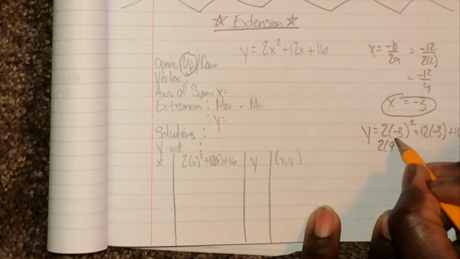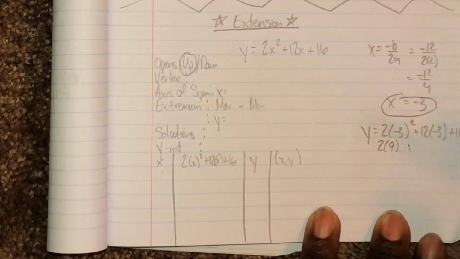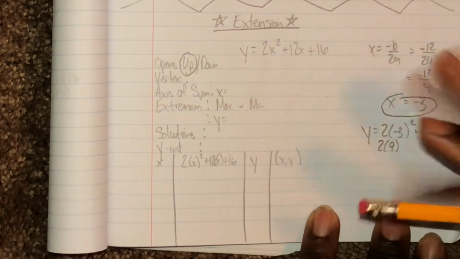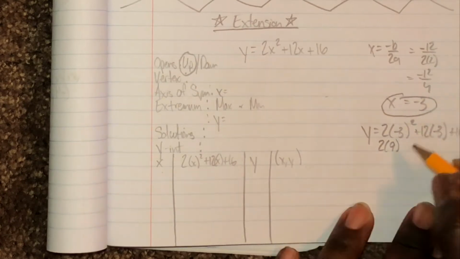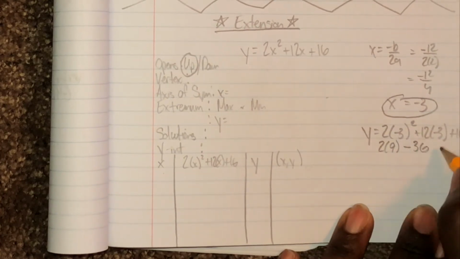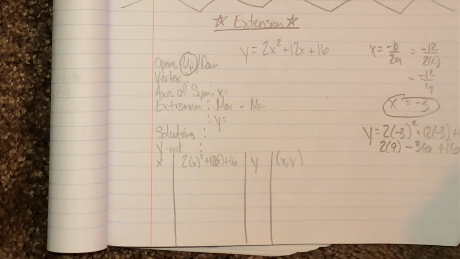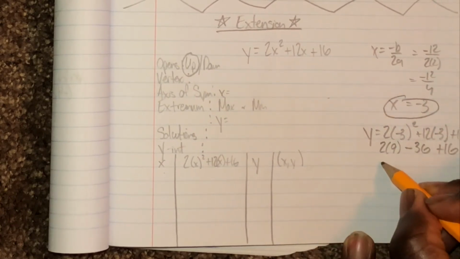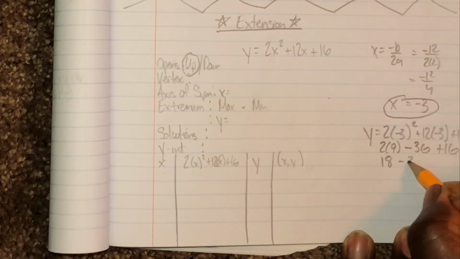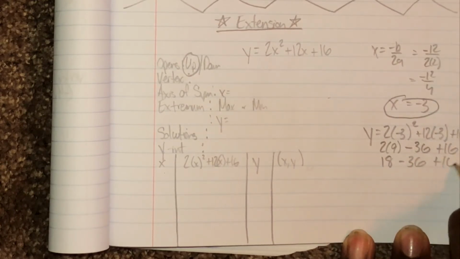So 2 times a positive 9. Don't put a plus sign just yet. We don't know. 12 times a negative 3 is, good job, a negative 36 plus 16. Okay, so I have 2 times 9 will get me, 18 minus 36 plus 16.